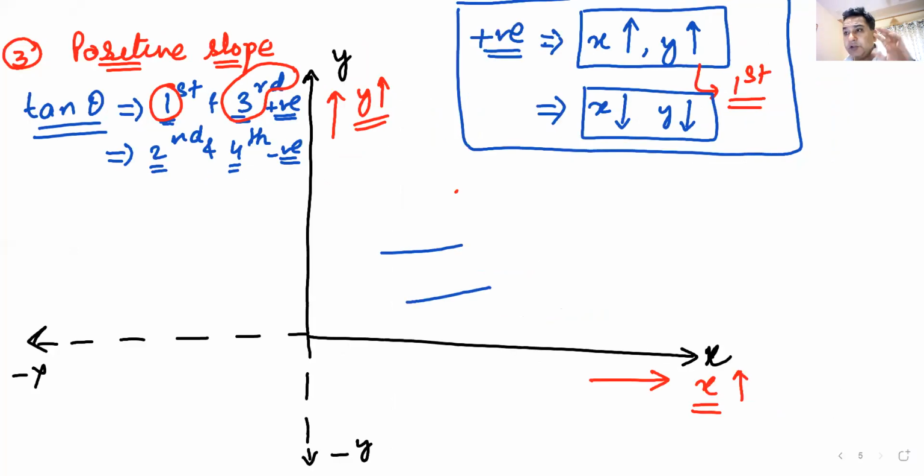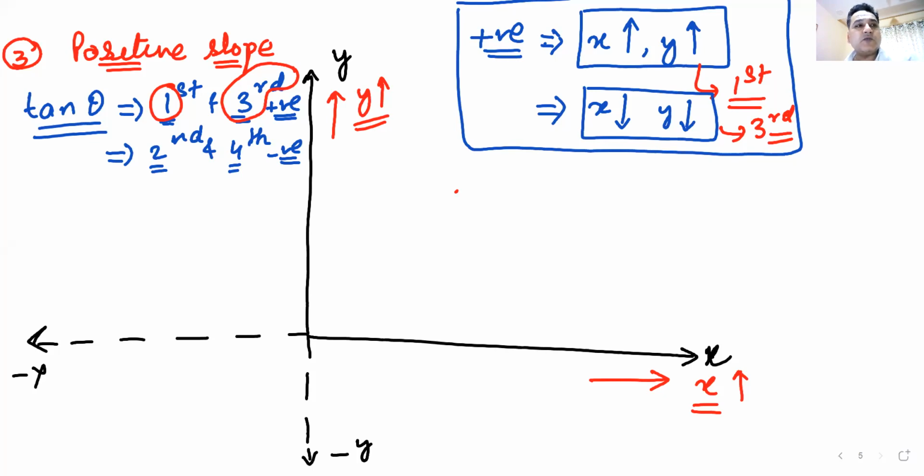Okay? Do you understand this? Now, in which quadrant is this going to happen? This is going to happen in the third quadrant. Now let us see. What do you mean by x decreasing? I've told you what is meant by x increasing.